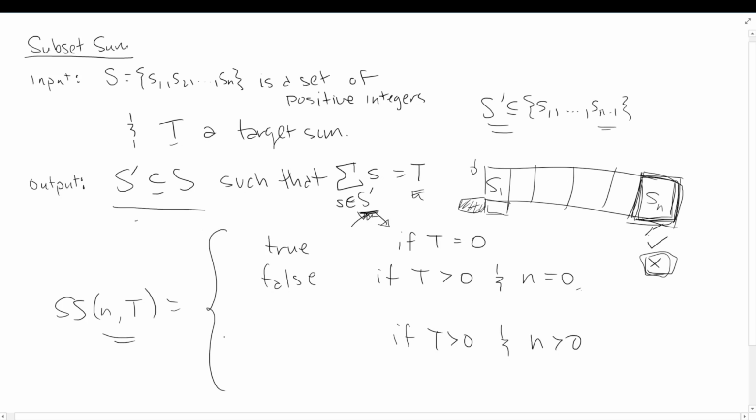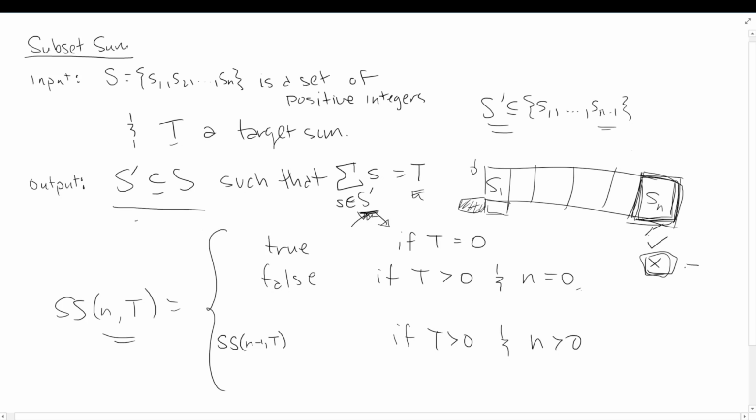Well, actually, we can write this down. That's saying if there was a subset of the first n minus 1 elements that adds up to t, then there must be a subset of all n elements that adds up to t. That makes sense, right? Of course there must still be one when we add Sn into the list as well. We don't need to use Sn.